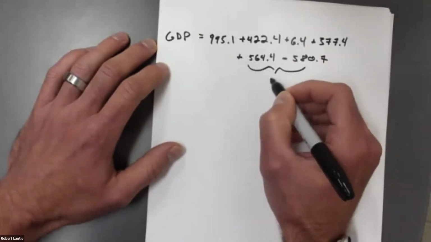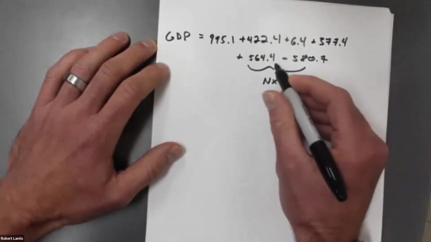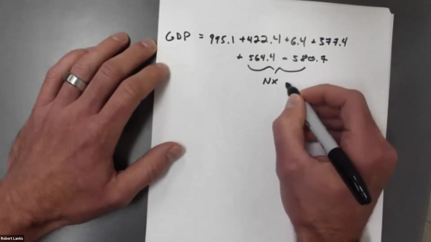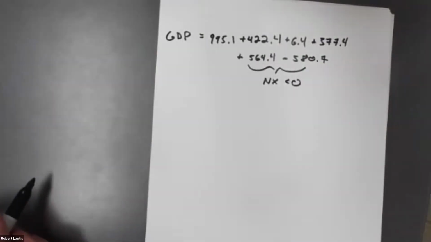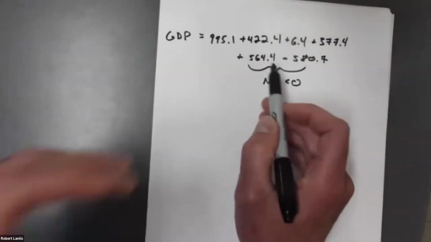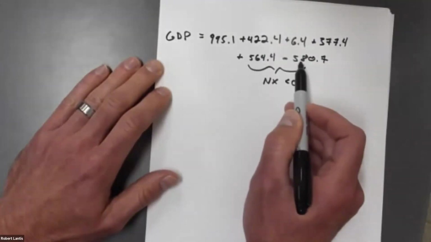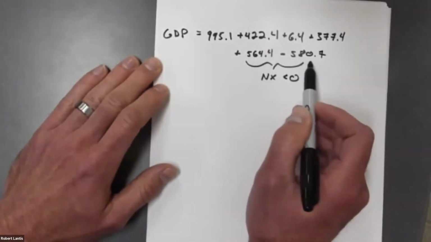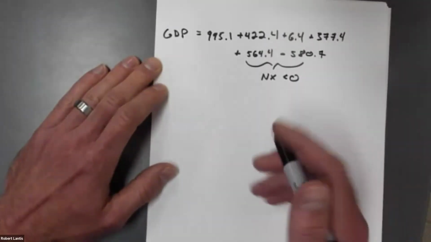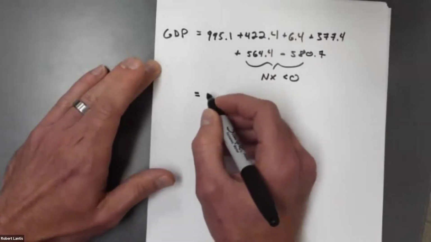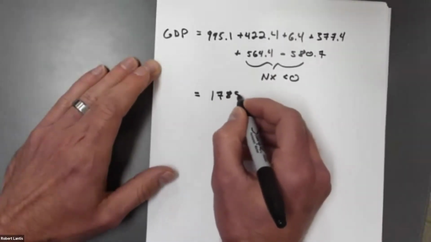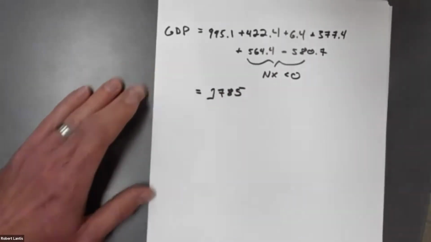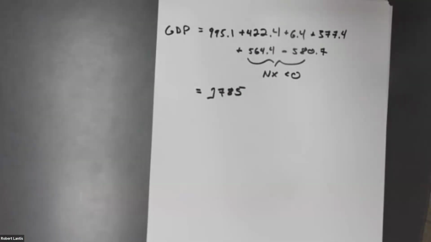Notice my net exports here, imports are larger than exports, so this value is negative. Canada is exporting a lower value than what they're currently importing. So all I would have to do is get this entered into my calculator. I think if I round this to the nearest integer, I get 1,785.